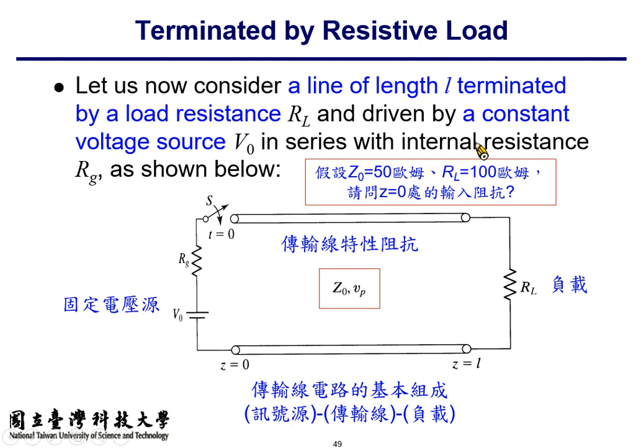So eventually, the load will come into sight. You will see the load eventually. That's what we will have today: we will see what happens as the switch of the transmission line system closes.